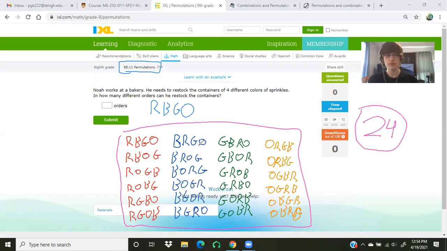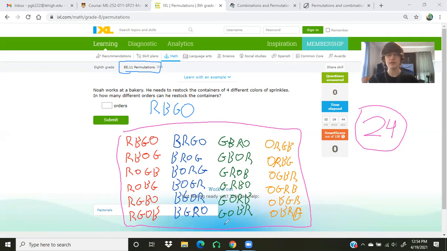Well, a permutation is a way in which you can organize or list things, so in this case, colors, where the order matters, in as much as you can't have red be in 2 spots, right? You just have red, and then that's taken up. So this is a permutation table.